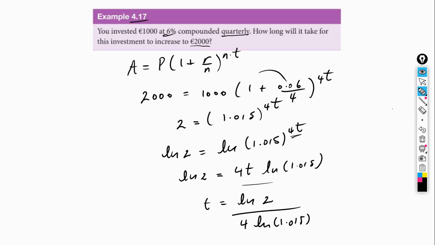Plug this in the calculator, and it's going to give you approximately 11.64. So this is about 11 years and almost 8 months.